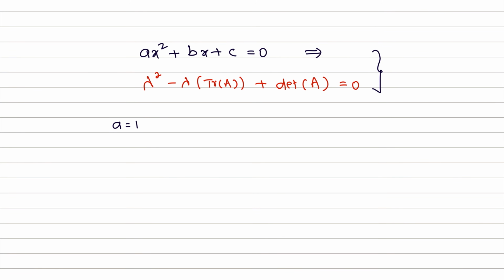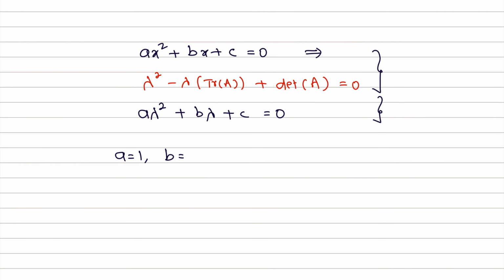Because lambda and x, let us compare. Rather, ax square plus bx plus c can also be written as a lambda square plus b lambda plus c is equal to 0. Let us compare these two. A lambda square is compared with lambda square, hence a is equal to 1. What is b?